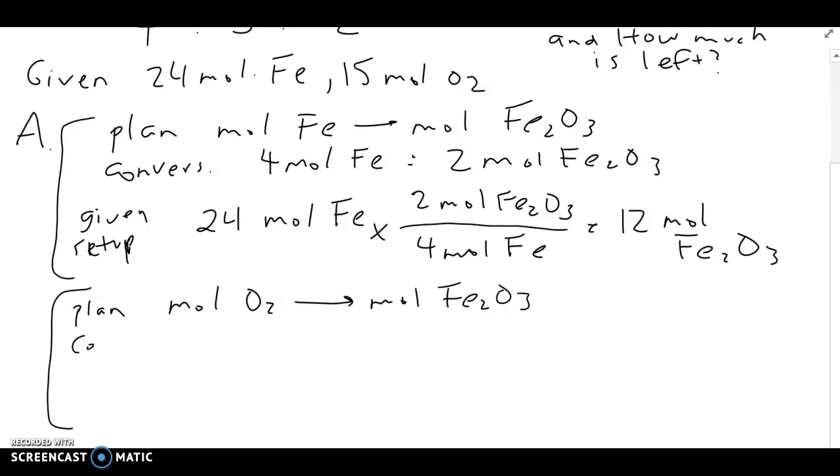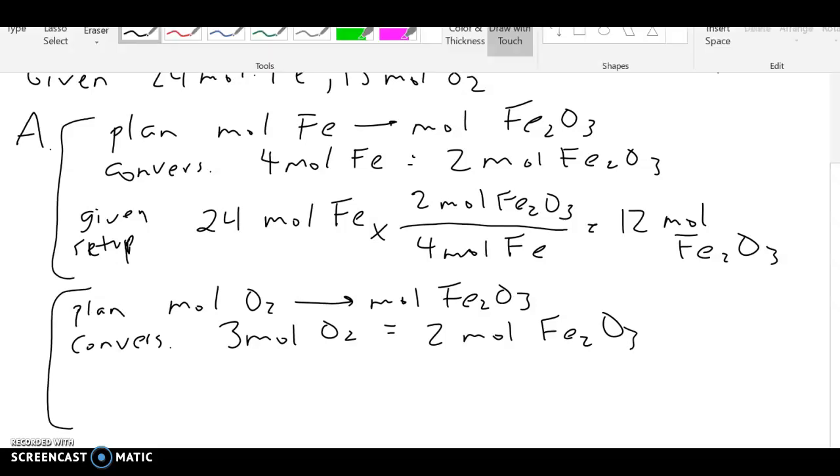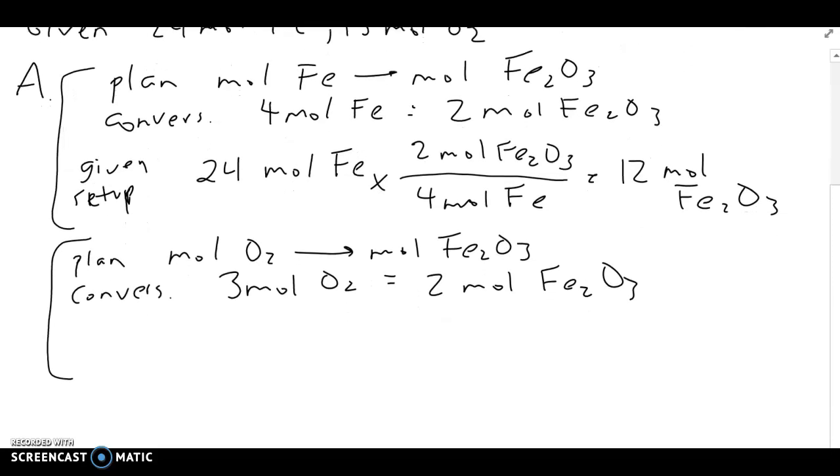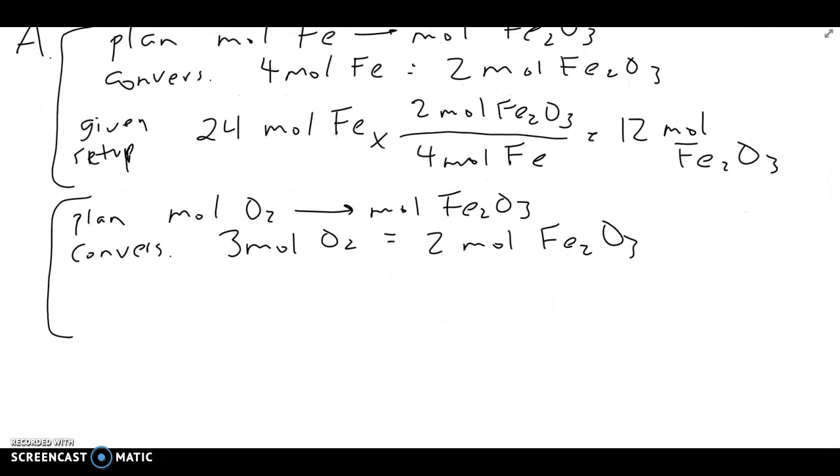Our conversion is going to be 3 moles of O2 equals 2 moles of Fe2O3. And therefore, we can move on to our given and our setup. I'm going to move this up just a little bit so we can see a little bit more of what we're doing.